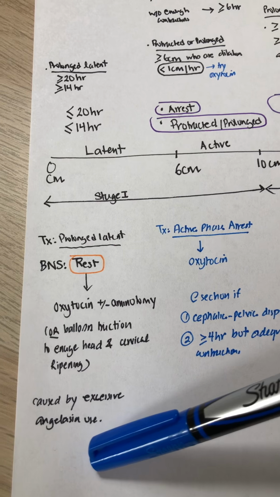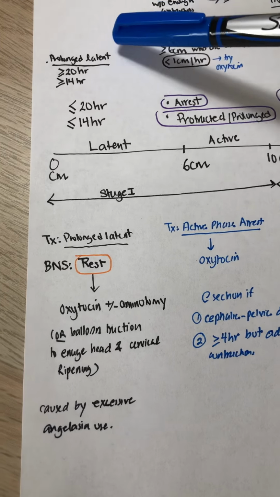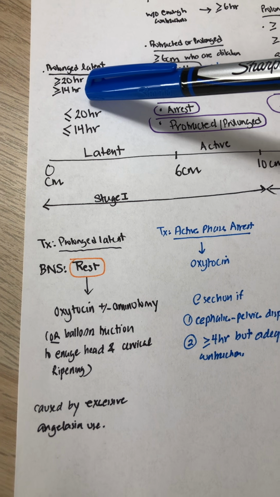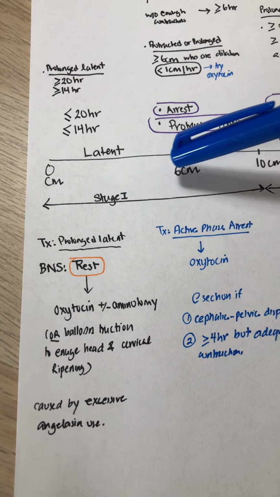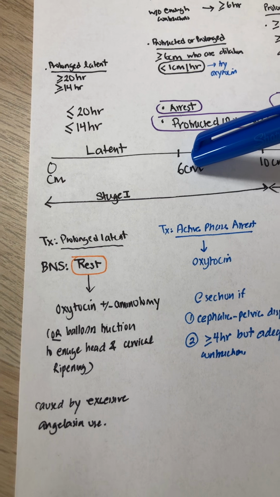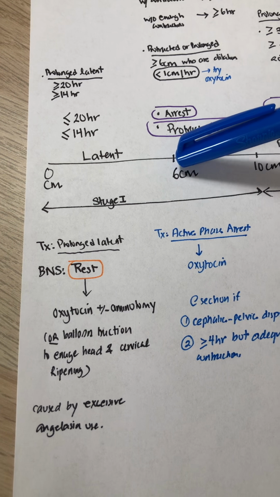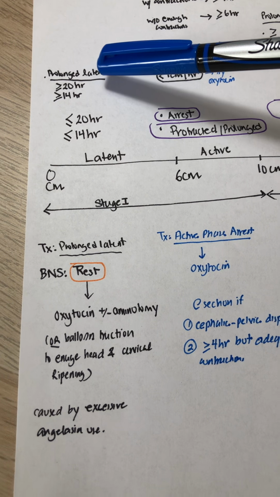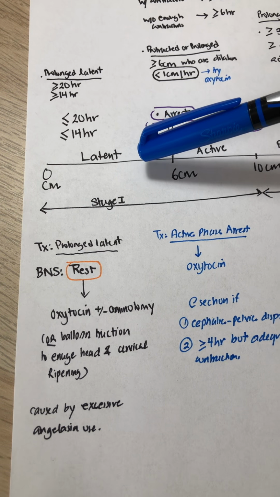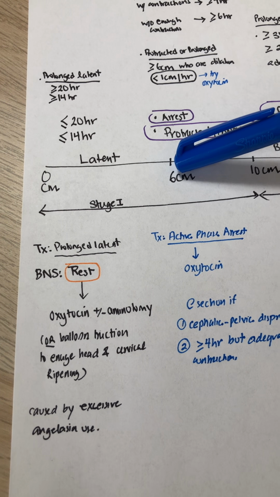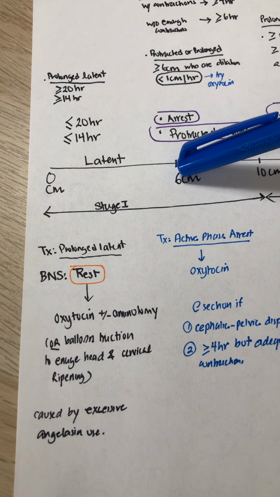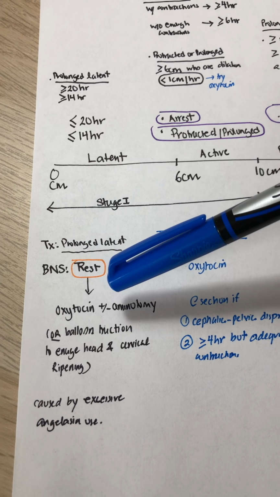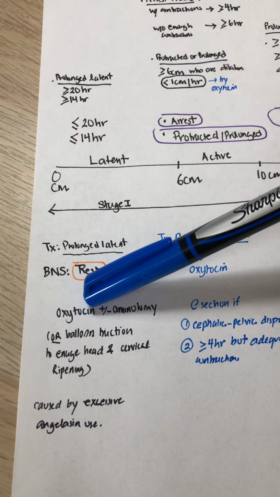But first, make sure that the mom has been in labor for more than 20 hours or 14 hours, and the cervix has not dilated to 6 centimeter. Let's say the mom has only been pushing for 18 hours, the cervix is dilating but not up to 6 centimeter yet, then you should just choose wait and see. Don't choose oxytocin yet.